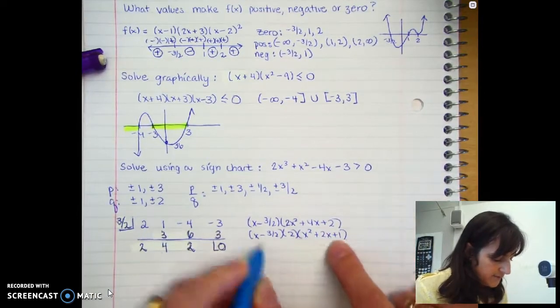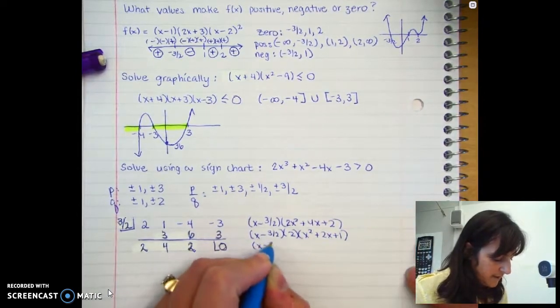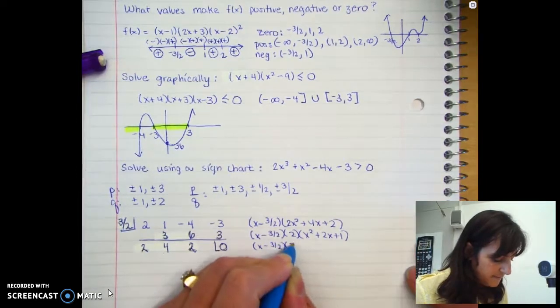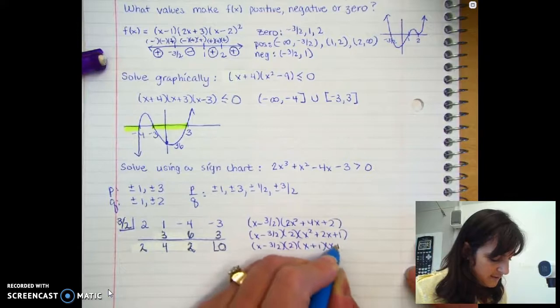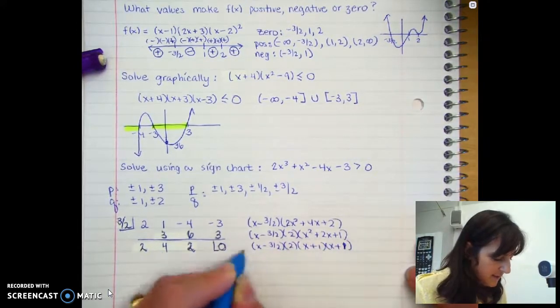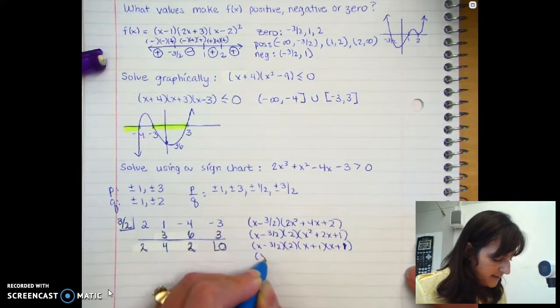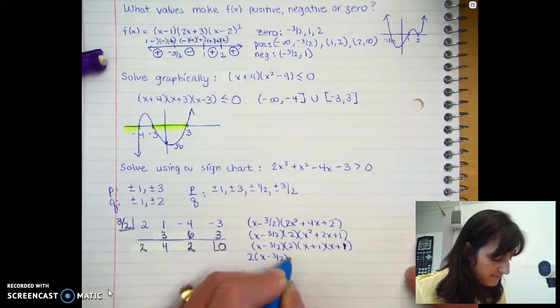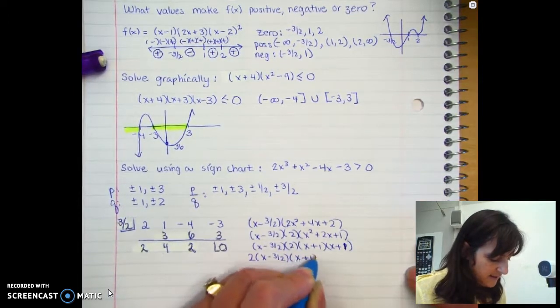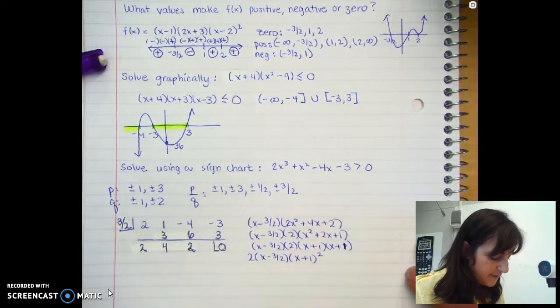So x squared plus 2x plus 1 factors like this: x plus 1 times x plus 1, because I need the numbers to multiply to 1 and add up to 2. If I do a little more work, maybe I'll pull that 2 out in front, I can rewrite this as x plus 1 quantity squared.